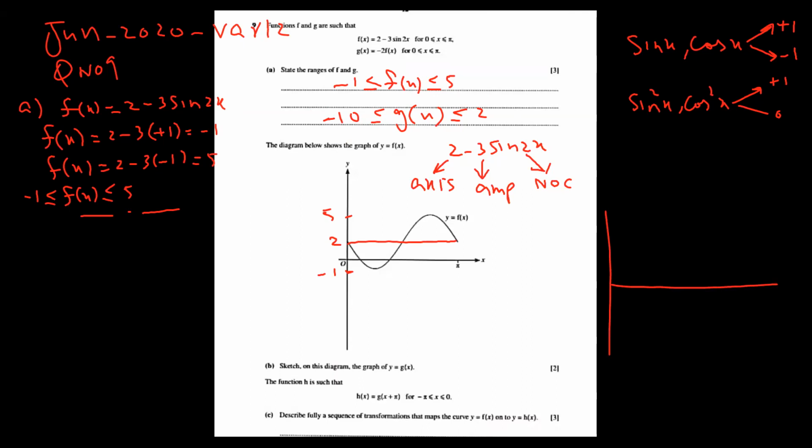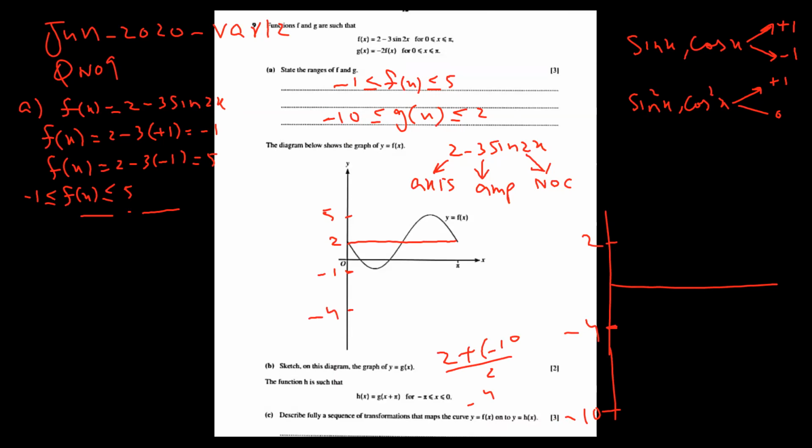If I take the average of these two numbers, it turns out to be -4. So it means the middle line is at -4, somewhere here.